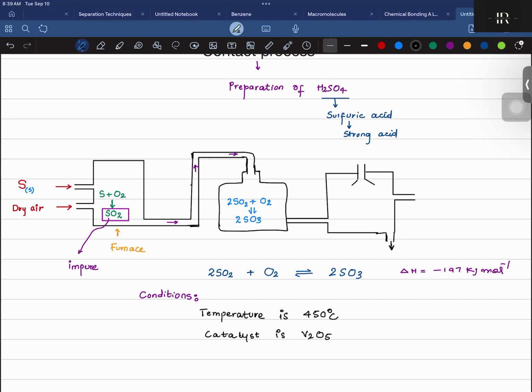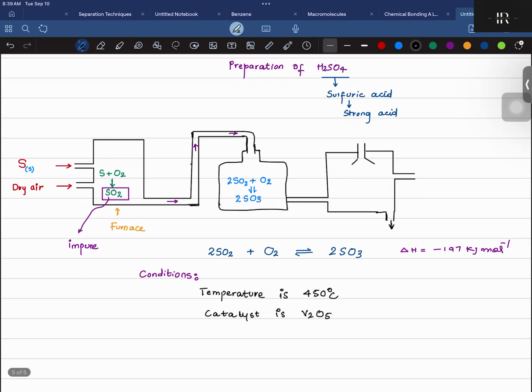When we provide such conditions, more SO₃ would be produced in the presence of high temperature and the use of a catalyst. SO₃ is produced as a result of this equilibrium reaction.